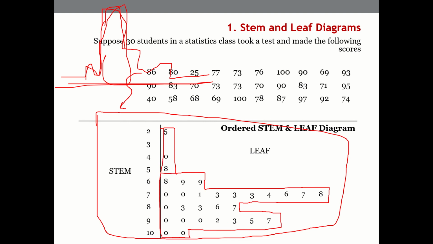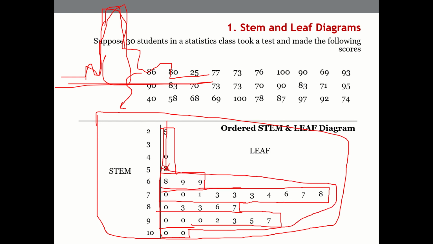If I plot this in a histogram, this is how it will look. In the 20s we have only one frequency, one person, but a large number of people have scored somewhere in the 70s. So we can quickly understand from the data set how the scoring has occurred in this test.